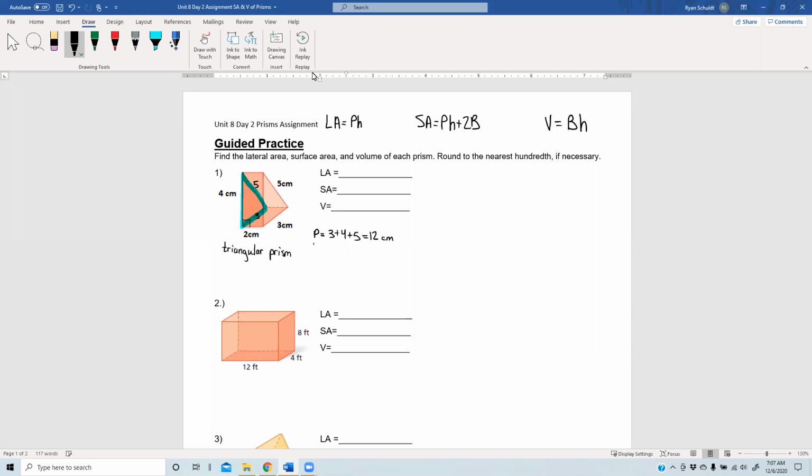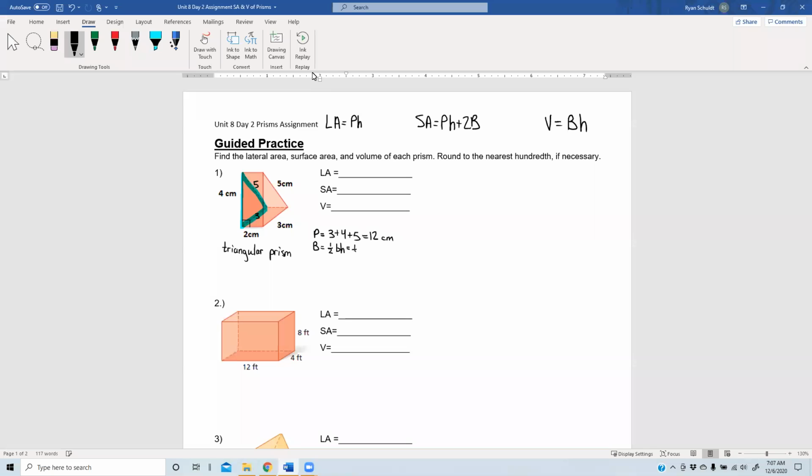Then we need the area of the base. Now we're going to say this is a right triangle. For a triangle, remember it's 1/2 the base times the height of the shape.